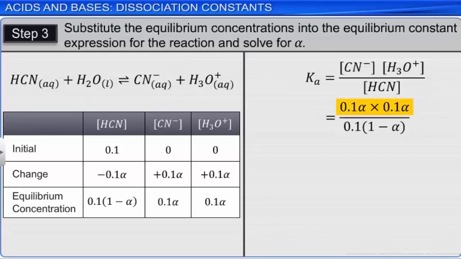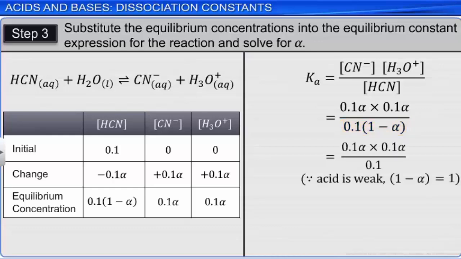As hydrocyanic acid is a weak acid, it undergoes dissociation to a very little extent, and hence the value of alpha is very small. Thus, 1 minus alpha can be taken as 1.